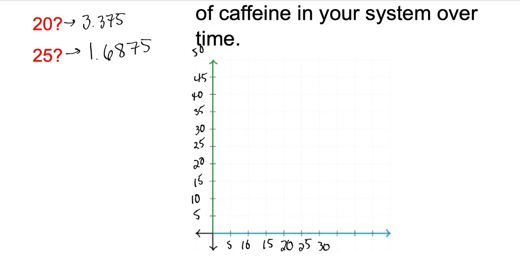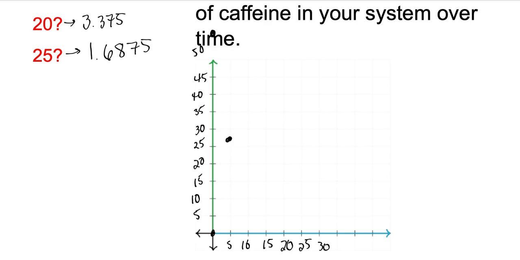All right, so at time 0, we are at about 54, so we'll just throw it up here. All right, let's say that that's 54. After 5 hours have gone by, we have cut that in half, so we are down at 27.